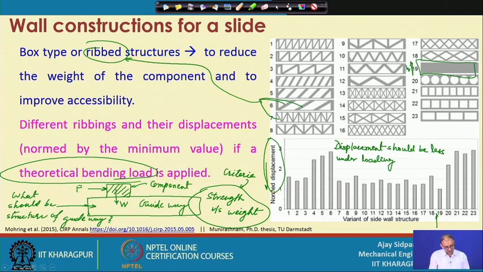So, now we have to find out what are the other shapes or the other configuration of this particular rib structure, which is giving a less displacement, but let it be higher than that, but it should be within the permissible limit, because here what we are doing, whatever structure you are using, you are using less material here, but you are not sacrificing the strength in a large way.